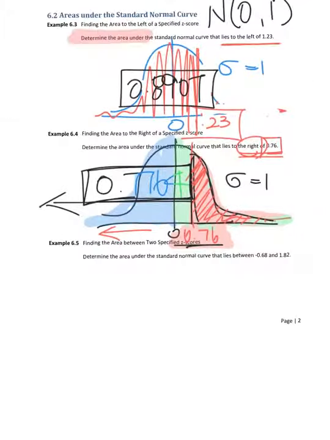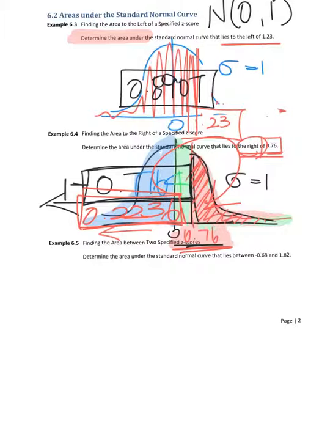So 1 minus 0.7764 will be, I think, 0.2236. 0.2236 is a probability to the right. Is it good? Now, it is less than 50%, as we expected.